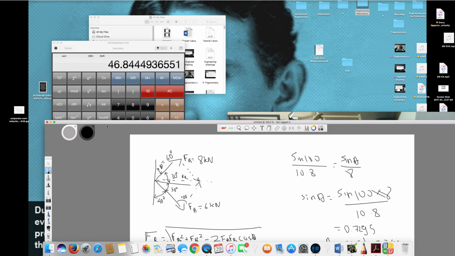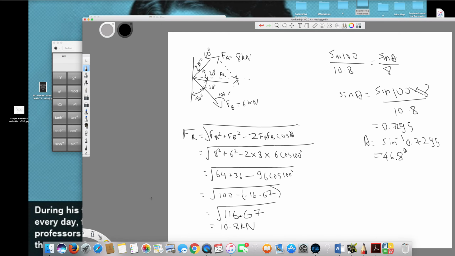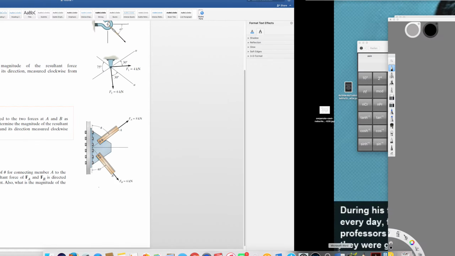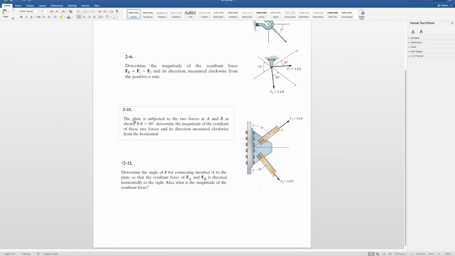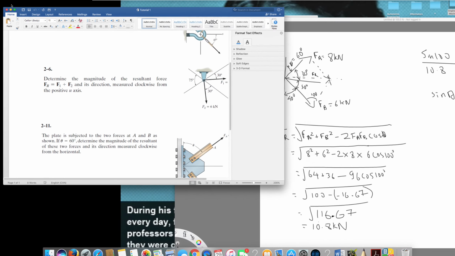But let's read the question carefully again. So if the plate is subject to the two forces A and B as shown, at 60 degrees, and the resultant force and the two forces are measured clockwise from the horizontal. So we have to be careful right here.